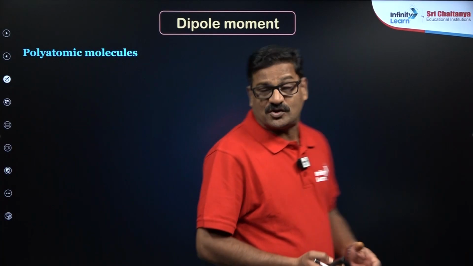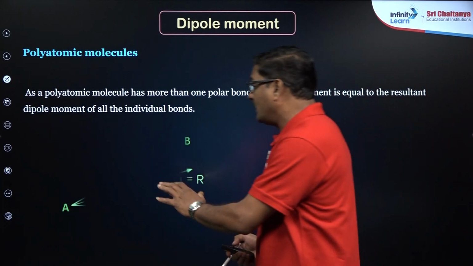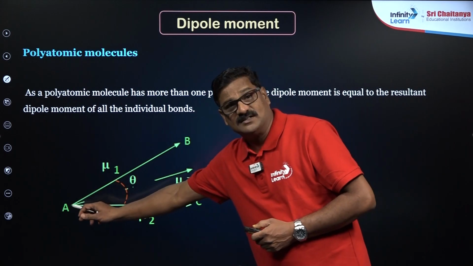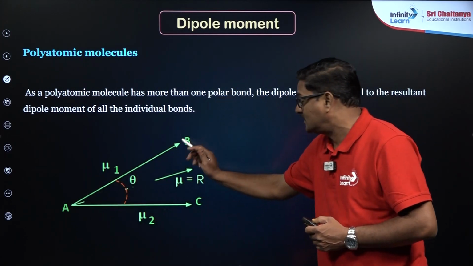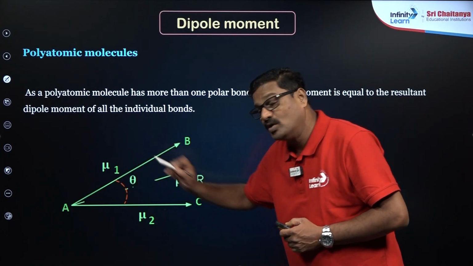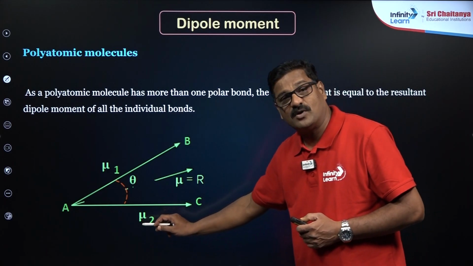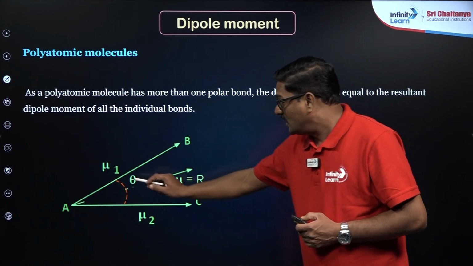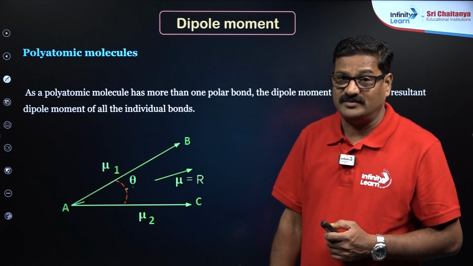Moving forward, let us talk about the polyatomic molecule. Let's say a central atom A is bonded to B, and the bond moment between these two is mu1, and A is bonded to C with bond moment mu2, and the two bonds are separated by a bond angle theta.